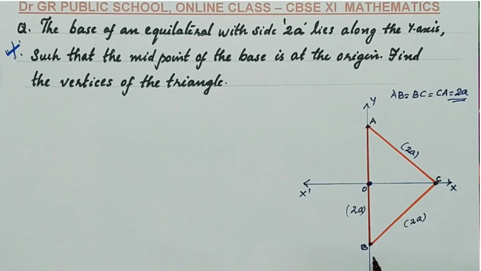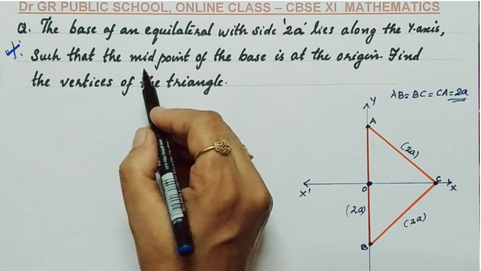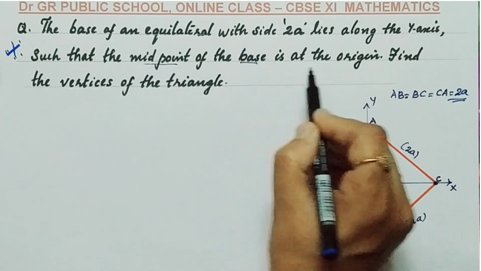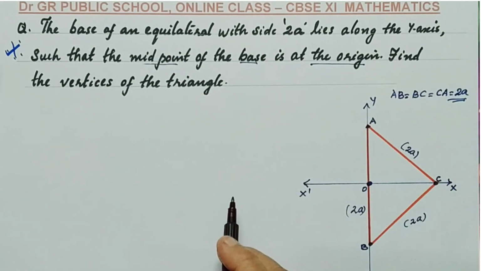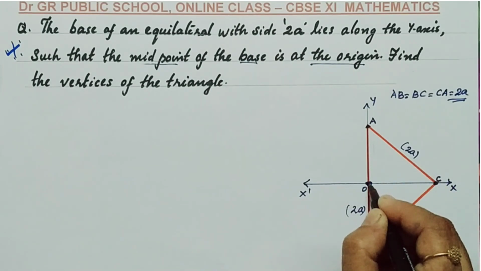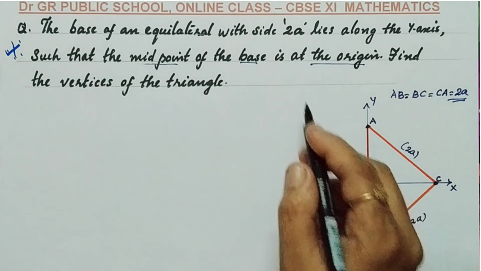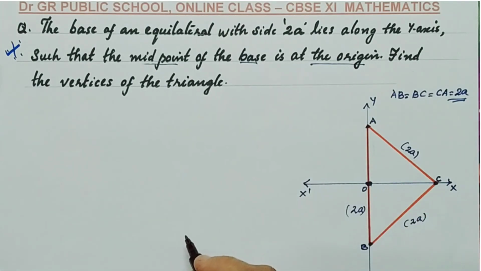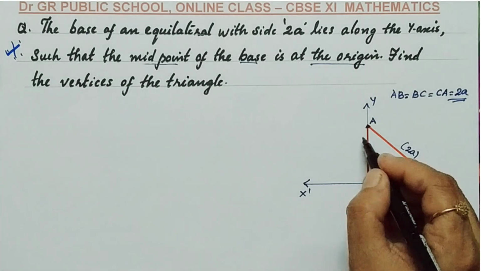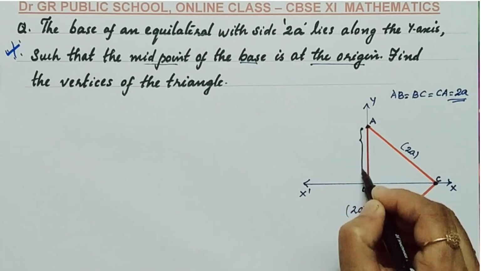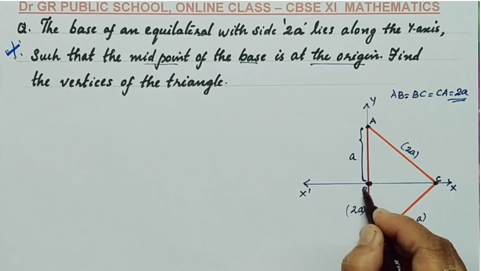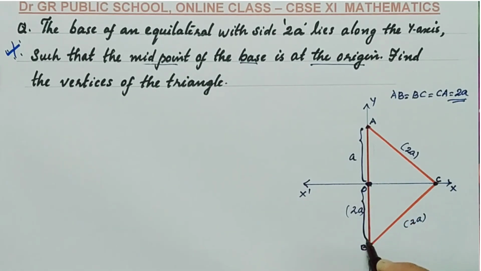But the condition: the base AB lies along the y-axis with the condition that the midpoint of the base is at the origin. Let O be the midpoint of the base and let the midpoint lie at the origin. So the total length of the side, 2A, gets divided: this much becomes equal to A and the remaining A will come here.